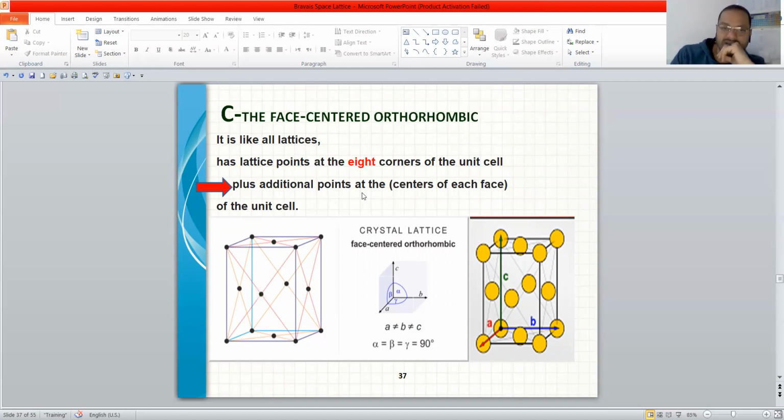Like all lattices, it has points at the 8 corners, with atoms at all these 8 corners to build the shape of the unit cell, plus additional points at the centers of each face. This image is a good illustration of what I'm talking about. Here we have atoms in all 6 faces.